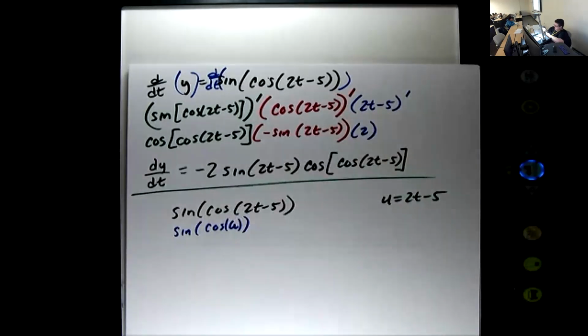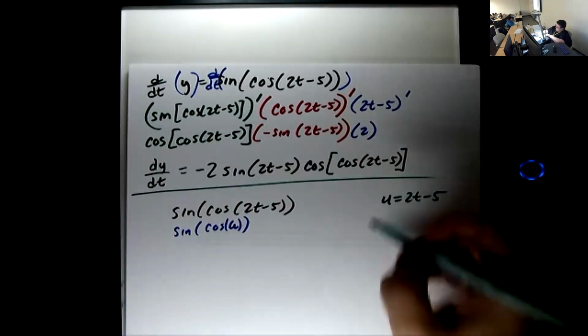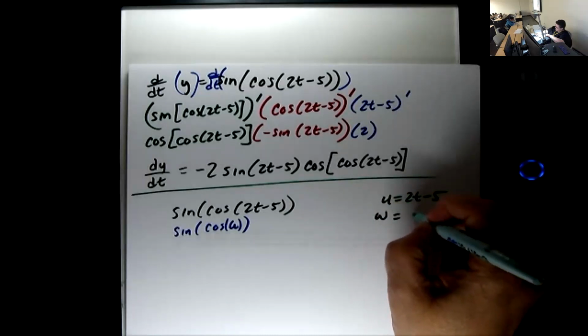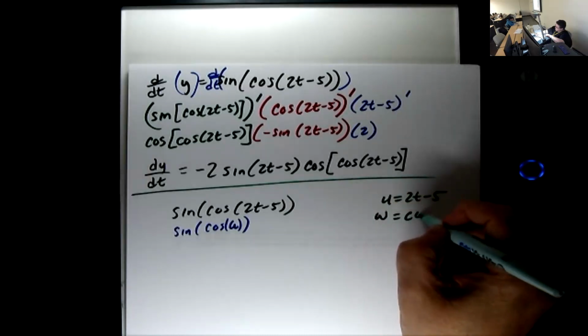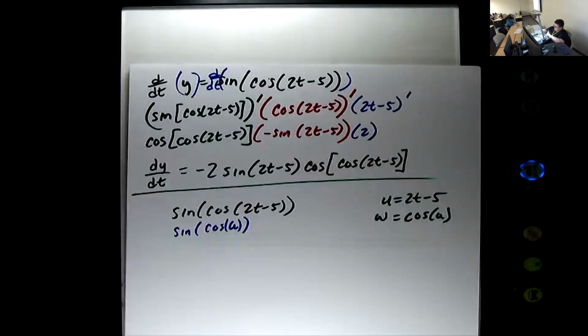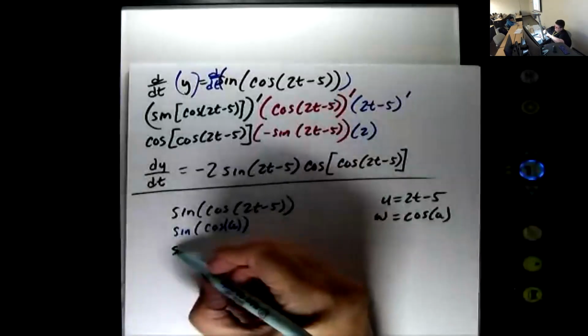Then let's say w equals cosine of u, let's use w because v's can look like u's really quickly. So this just becomes sine of w.